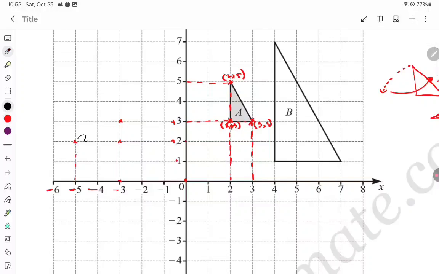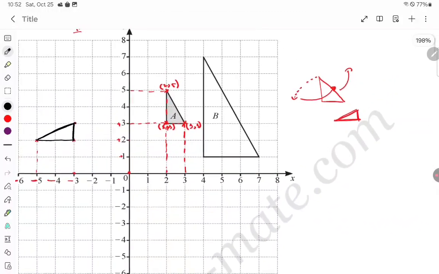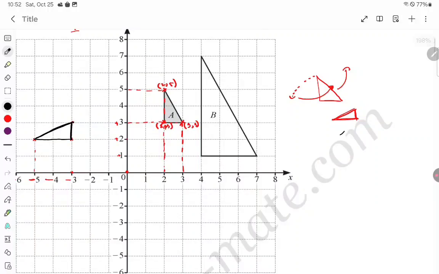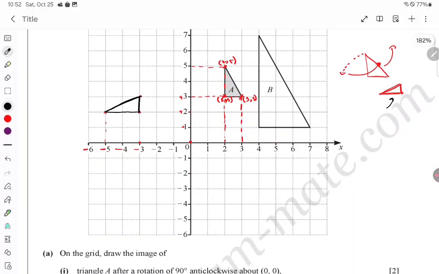By connecting the dots, this is our triangle after the 90 degree rotation, exactly the same. So first we put the coordinates.